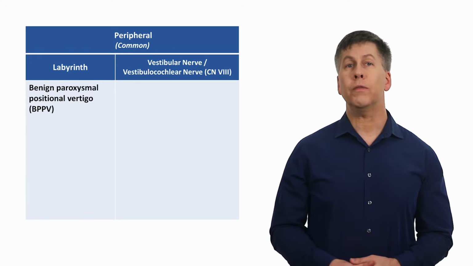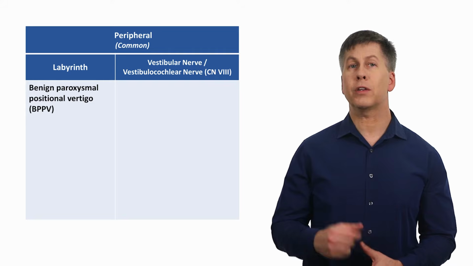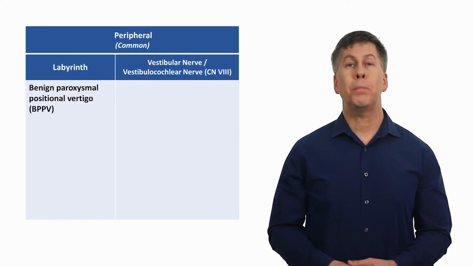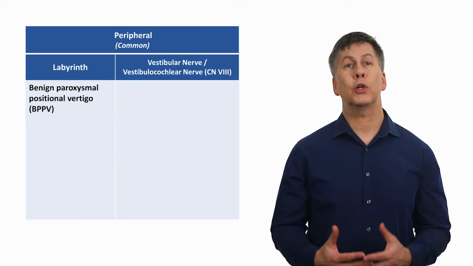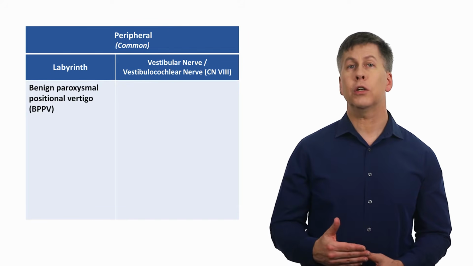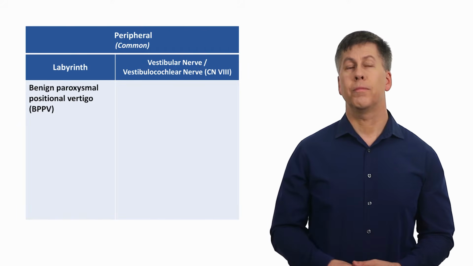So changing position, which should only be a transient sensation during the actual movement, persists for seconds to as long as a few minutes. BPPV classically causes episodes of brief vertigo triggered by moving from a lying to sitting position or standing position, or when turning one's head while supine.